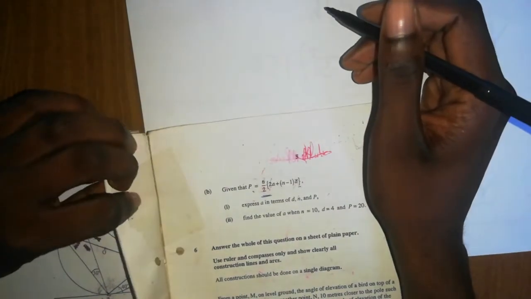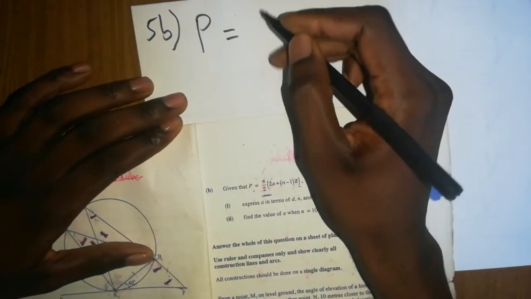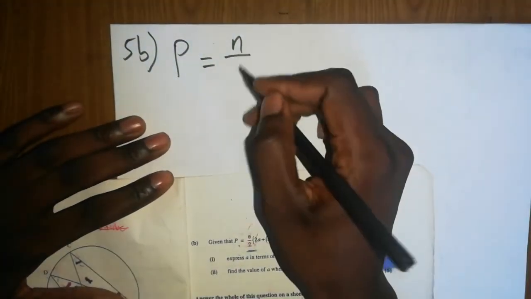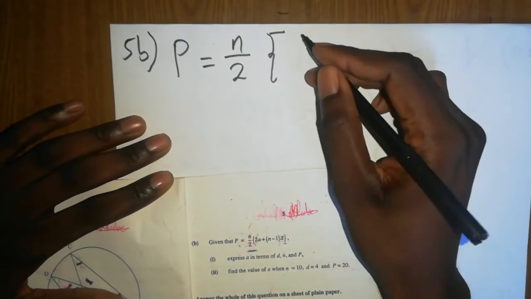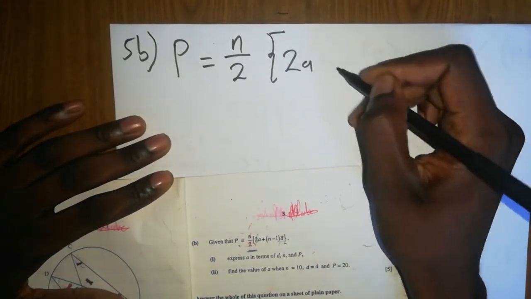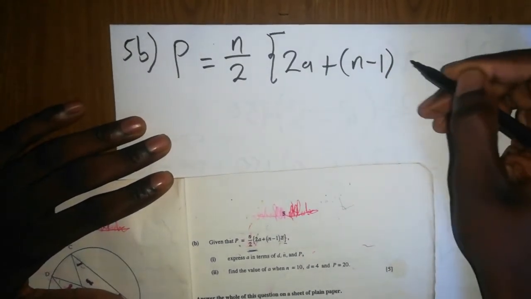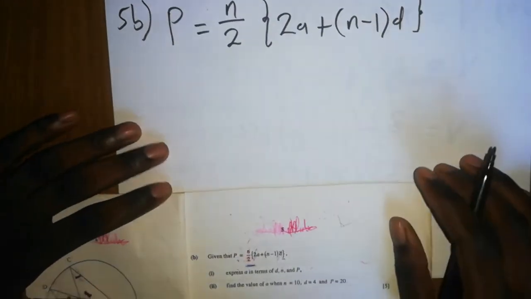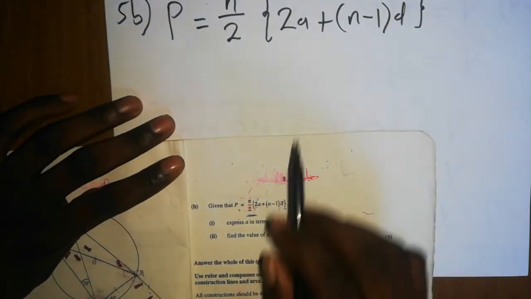So it's our number 5b, which says p is equal to n over 2, then there is our bracket, 2a plus bracket n minus 1 close, then d, then I'll close that bracket like that. So as I'm substituting now, I'm looking for a.